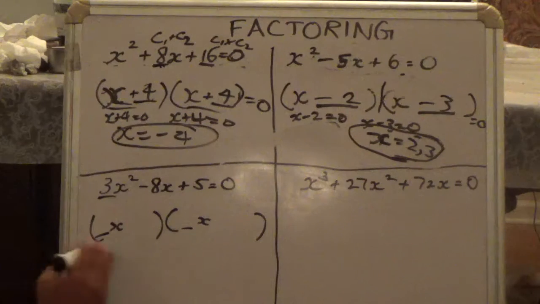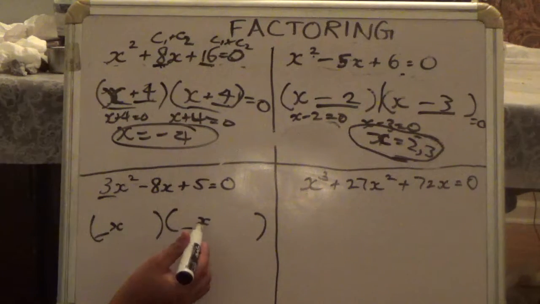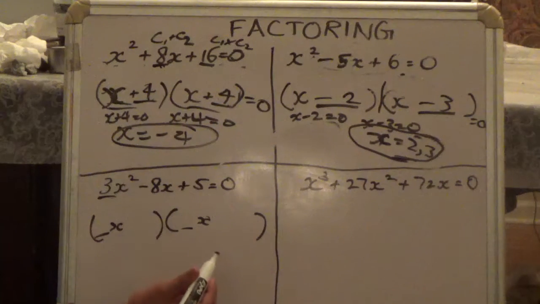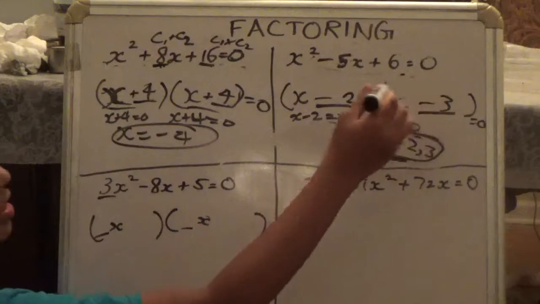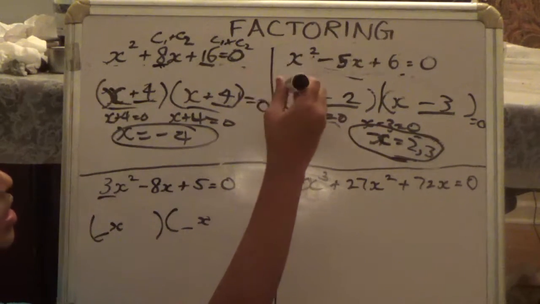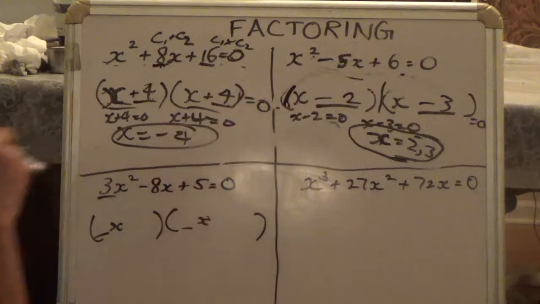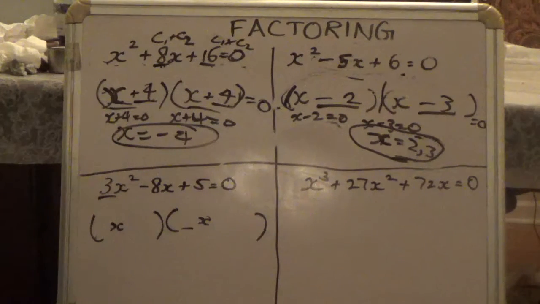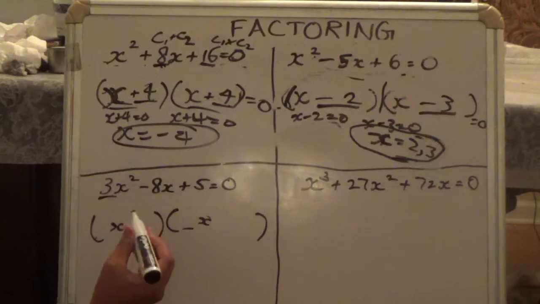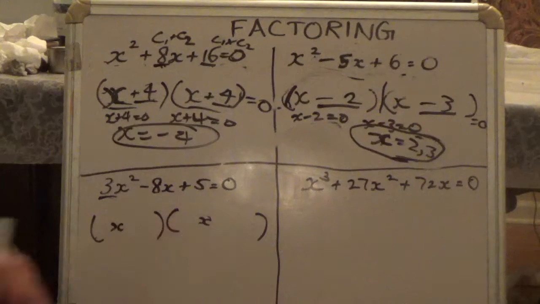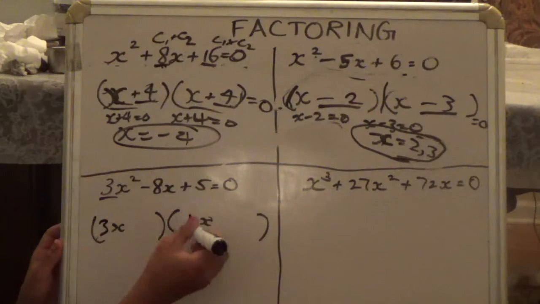The coefficient of both of them has to be positive. That makes our life slightly easier, because there's only one possibility, a 3 and a 1, because 3 times 1 is 3 and there are no other factors.